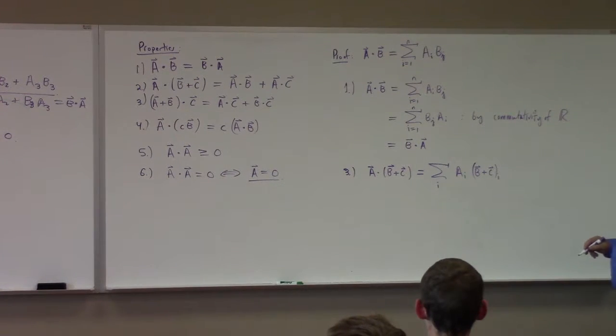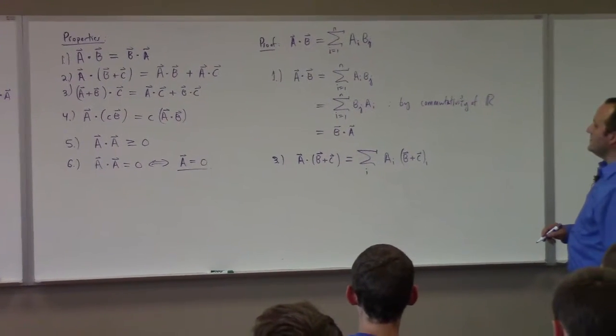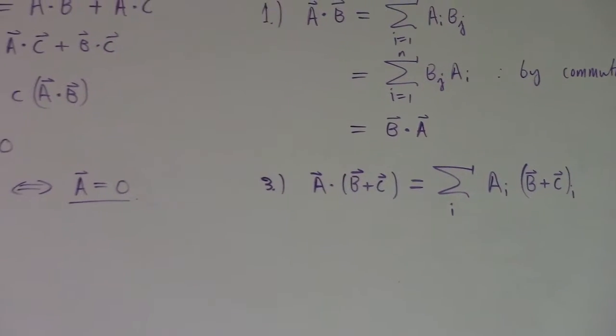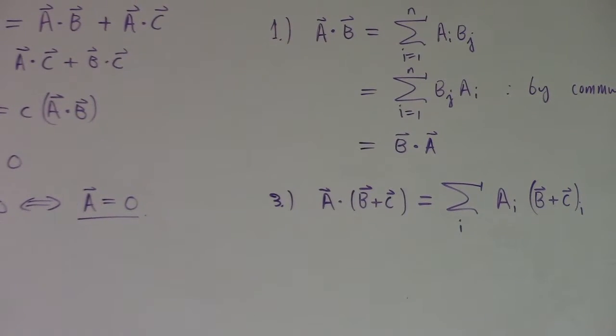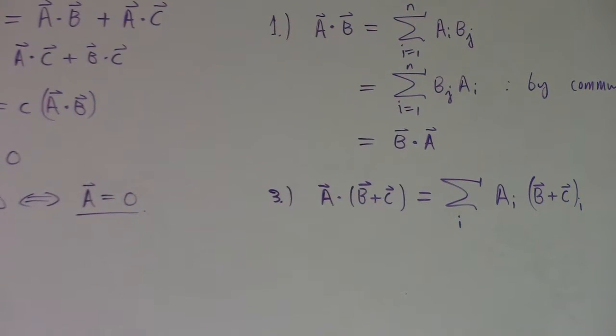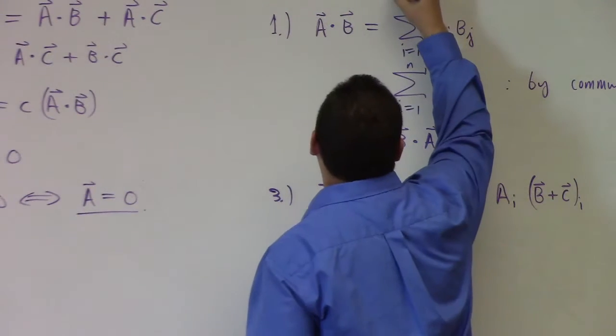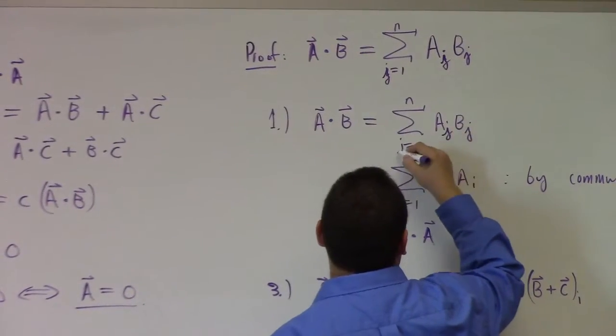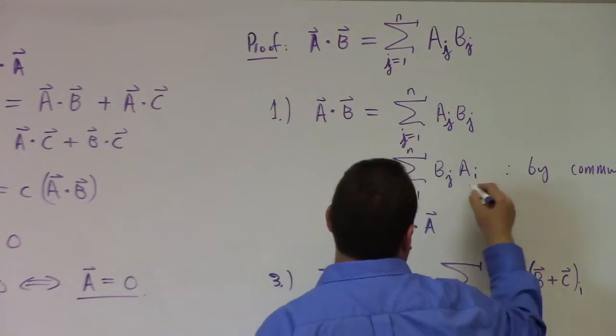Oh, I seem to have put a j there somehow. How'd that happen? I've got a j. There is an easy way to fix this. They're all j's. J is a good letter.